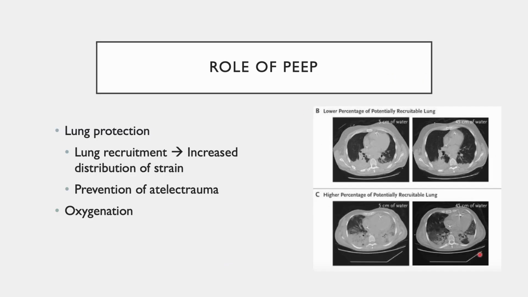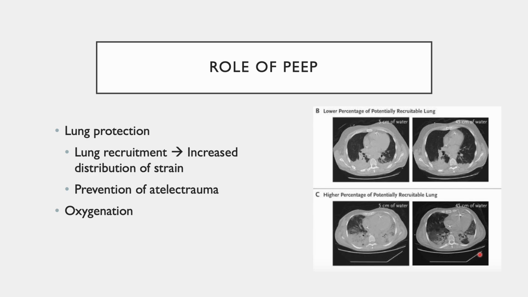So how does PEEP help in ARDS? While our first introduction to PEEP was probably oxygenation focused, this is now largely considered as secondary to the lung protective goals of PEEP determination. PEEP is purported to aid in lung protection in two main ways. Firstly, through lung recruitment, the opening up of collapsed or fluid-filled alveoli which augments the size of the baby lung, allowing ventilator-induced strain to be distributed across more lung units.